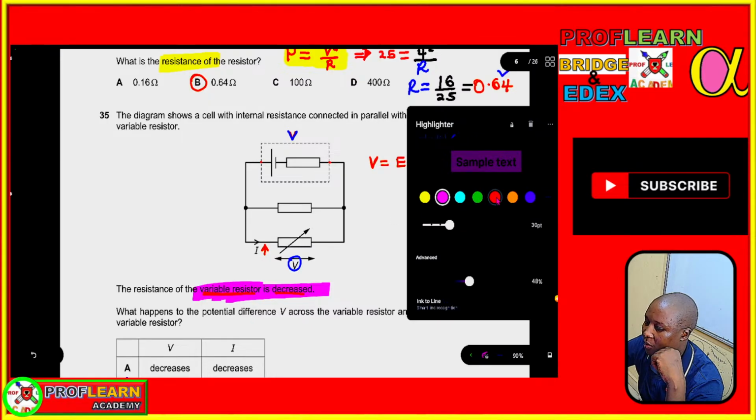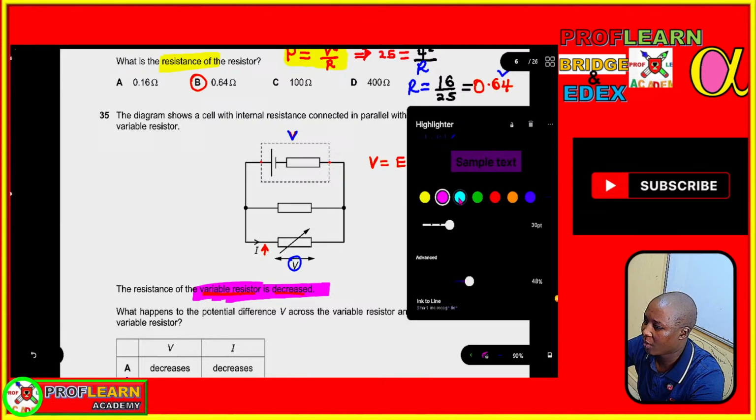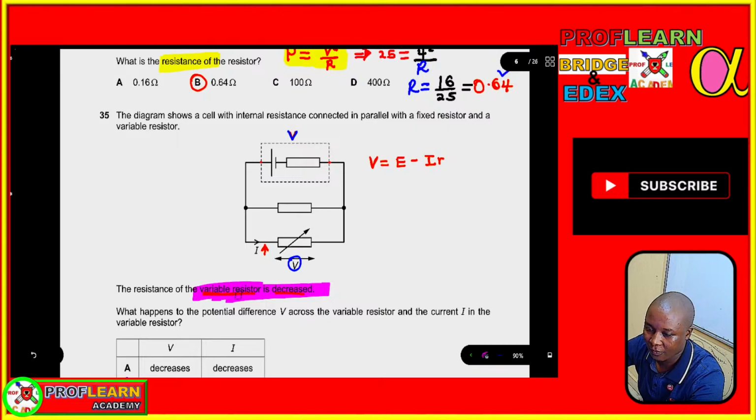We realize that when the resistance of the variable resistor decreases, the overall resistance of the circuit is going to reduce. And when the overall resistance reduces, there will be a larger current flowing in the circuit, because less resistance results in more current flowing in the circuit.